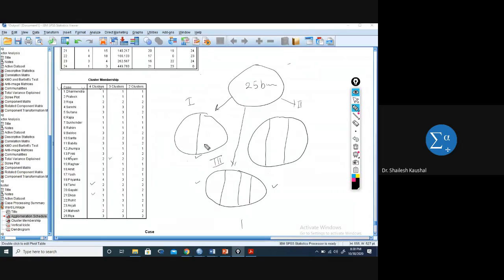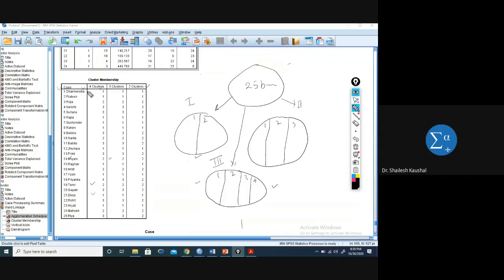Now here you can see 2 clusters. When I divide my market into 2 clusters, who will come in the cluster? There are 2 divisions, 1 and 2. Here 3 clusters, 1 2 3. Here 4 clusters, 1 2 3 4. And who will come in cluster 1?